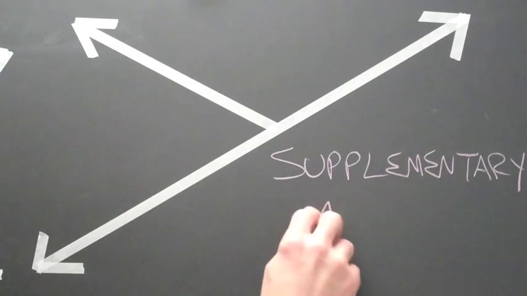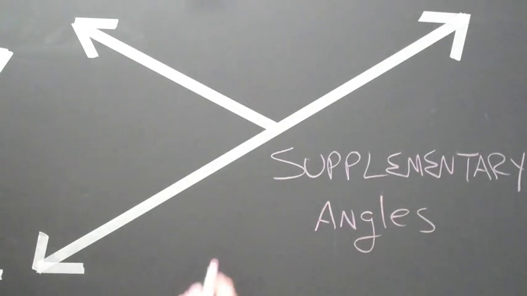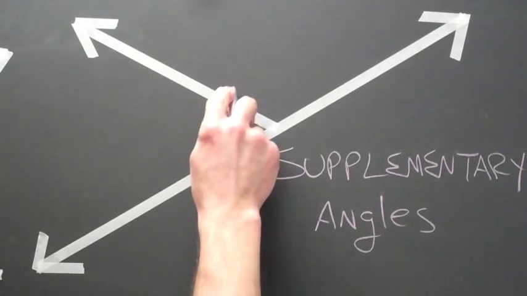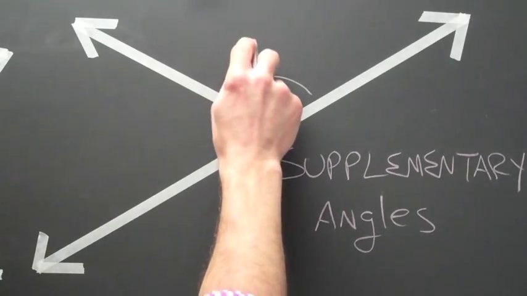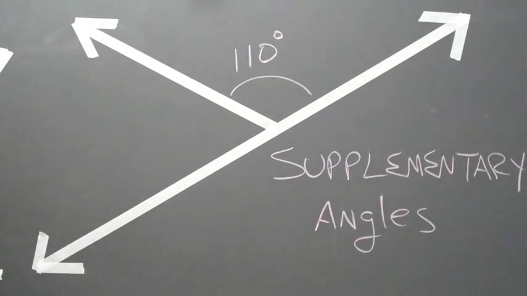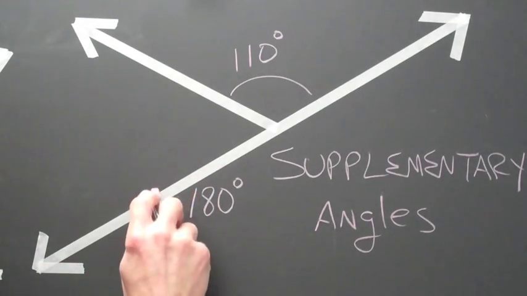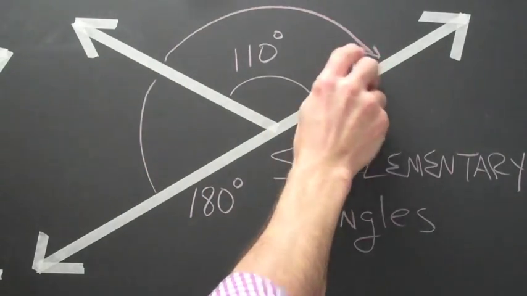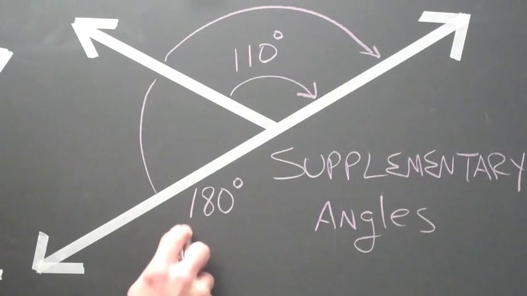They're called supplementary angles. What's interesting about supplementary angles is if you know one of them, let's say that, again, if we were to measure this angle and it came out to be 110 degrees, then to find the second angle I do not have to measure. All I need to do is take the total degrees of a straight angle, being 180, and subtract away the part that I'm already aware of.